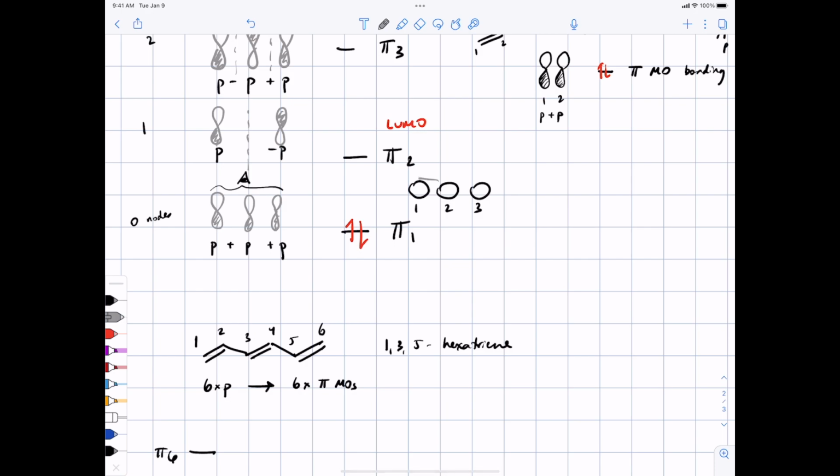I would see a continuous lobe of electron density above the plane of the page, and then behind the plane of the page I'd see another, with opposite wave function sign, which I'm representing by color. But I could represent that schematically as just the top lobes of each of these all together.